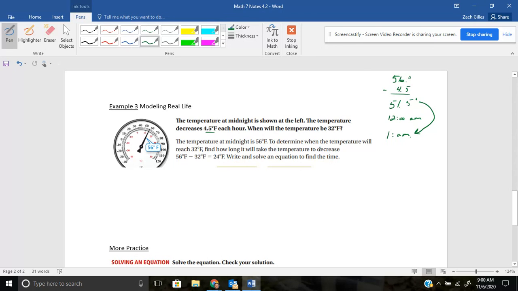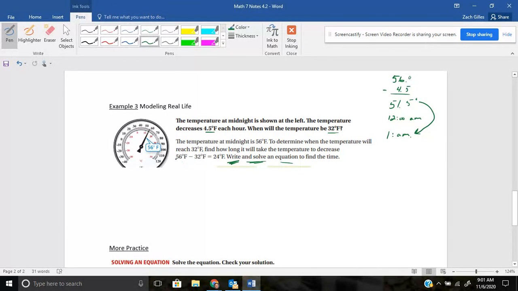So instead, what I would like to do is use this information to write and solve an equation to find what time it will be when the temperature reaches 32 degrees Fahrenheit, or freezing. Okay, so to determine when the temperature will reach 32, let's find how long it will take the temperature to decrease.